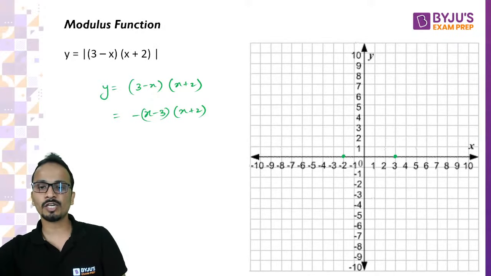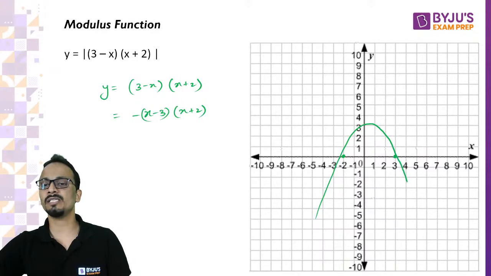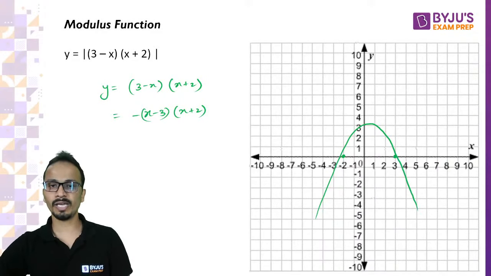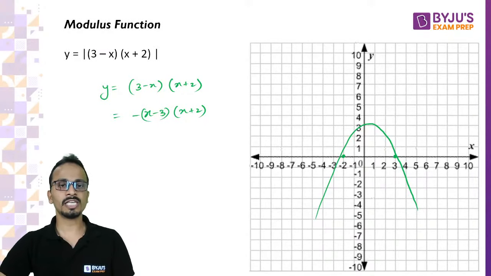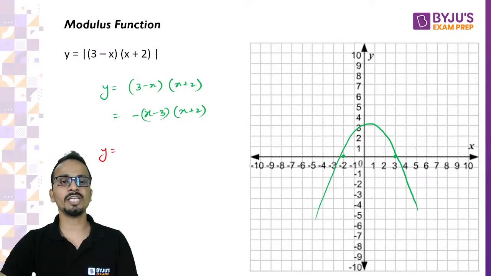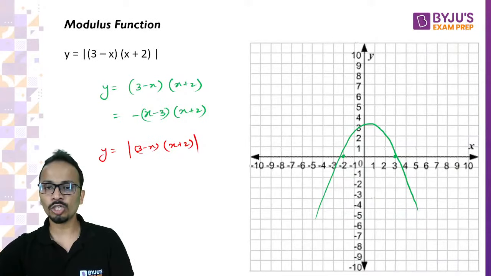So the graph of this function will be a downward opening parabola, passing through minus 2 and plus 3, something like this. Now, if you take the modulus of this function, that means y equal to modulus of 3 minus x into x plus 2, then the portion of the graph which is above the x-axis will remain as it is.